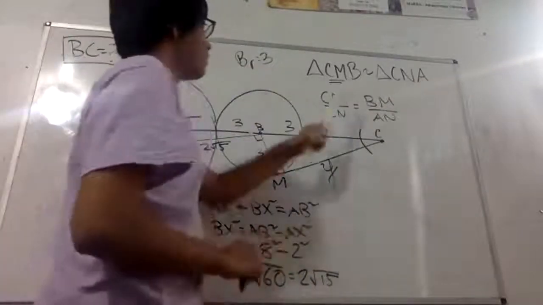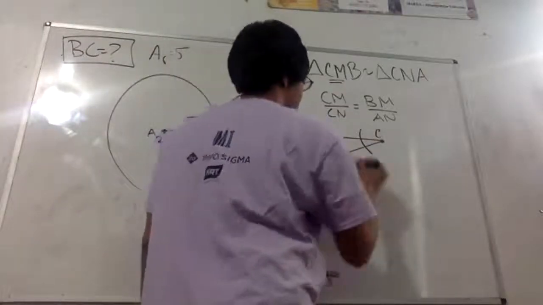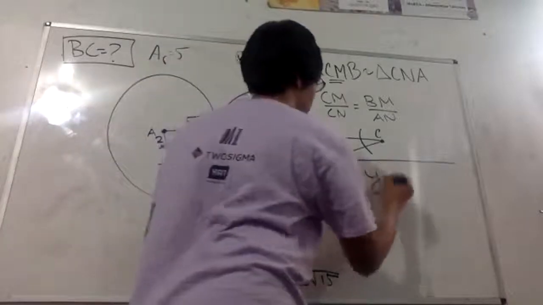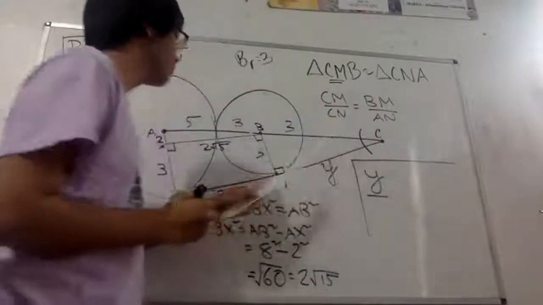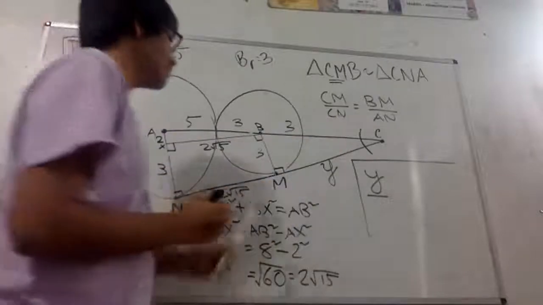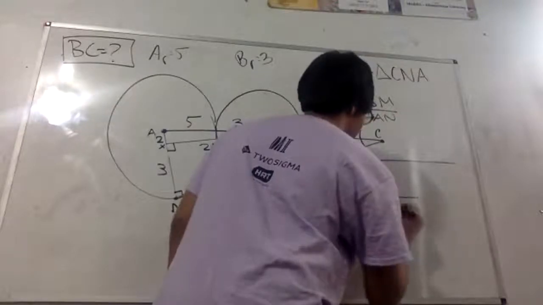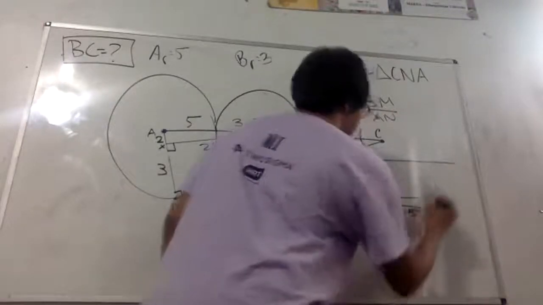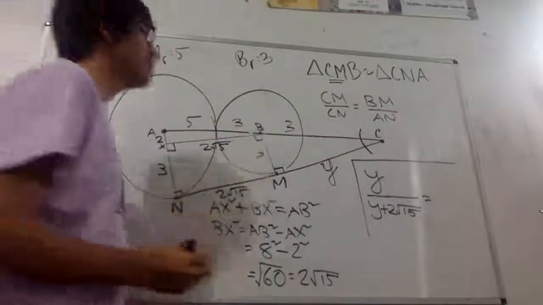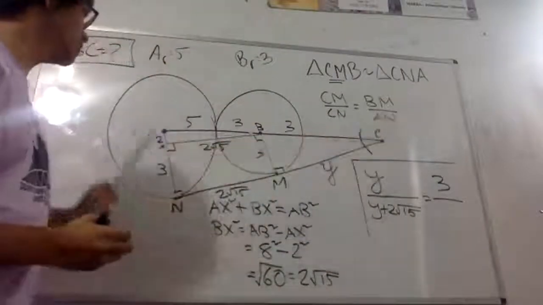Yes. So we know that CM, we just call that Y right now, is Y over CN. What is CN? CN is Y plus 2 root 15. So Y over Y plus 2 root 15 is going to be equal to BM, which is 3, over AN, which is 5.